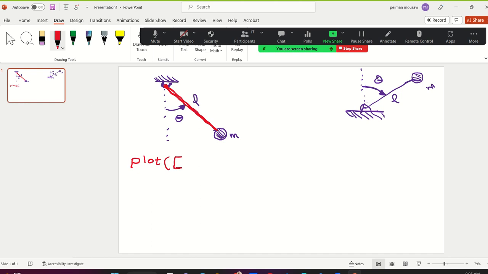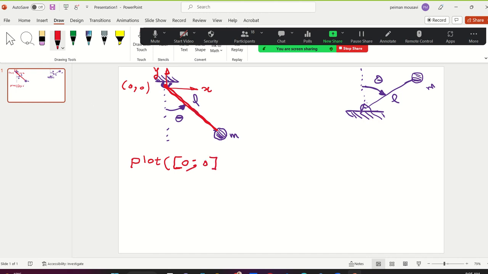Because this is fixed, the coordinate of the system is 0 and 0. You remember it was our coordinate system x and y. Yes or no? Okay. So I'm going to put 0 and 0.